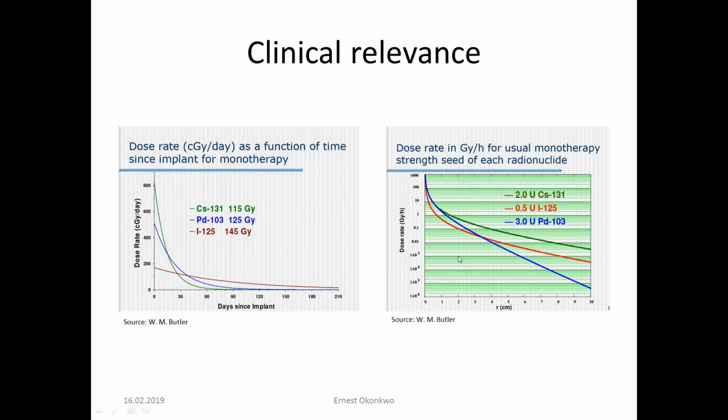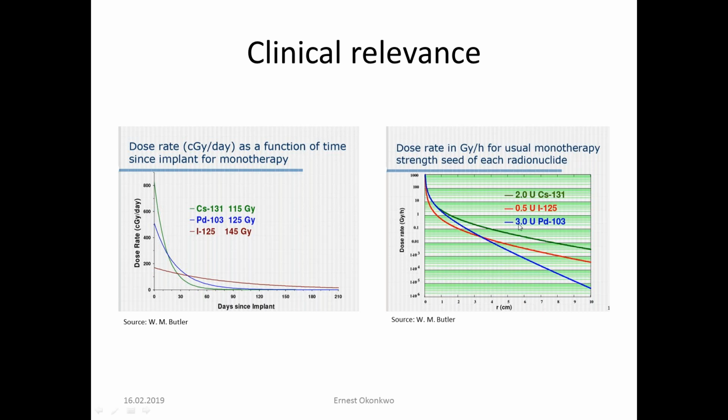And here on the right, you have the dose rate for the typically used seed strain. For cesium, the typically used strain is 2, iodine is 0.5, and for palladium it is 3.